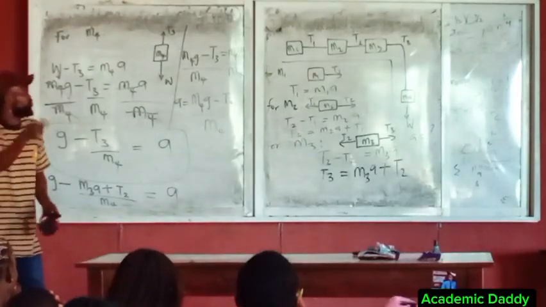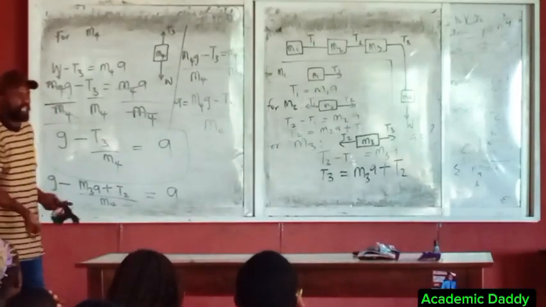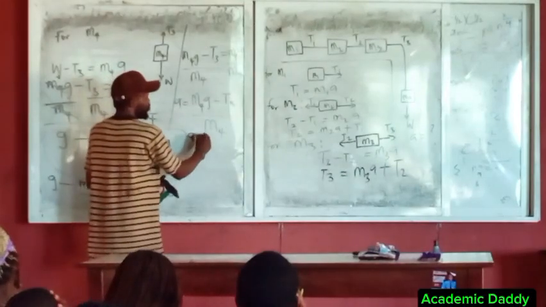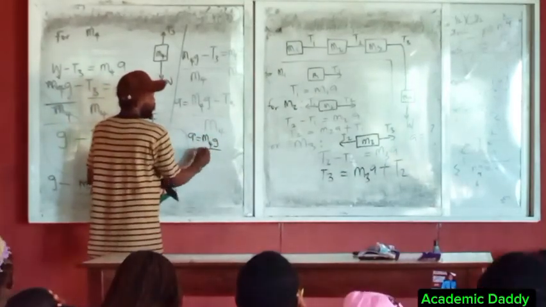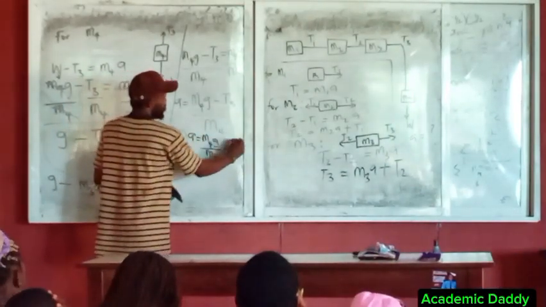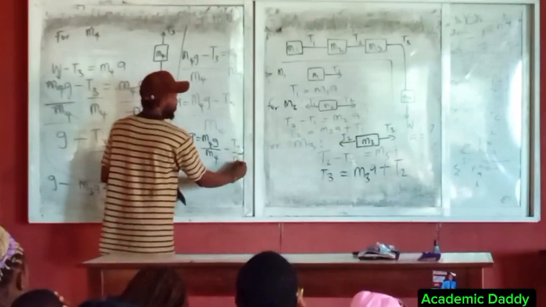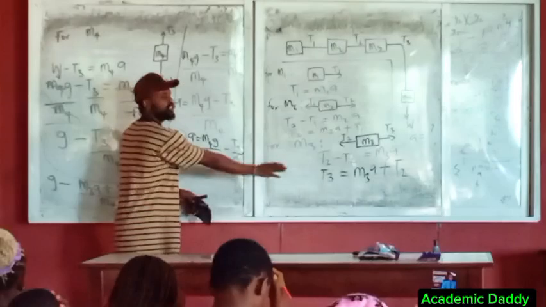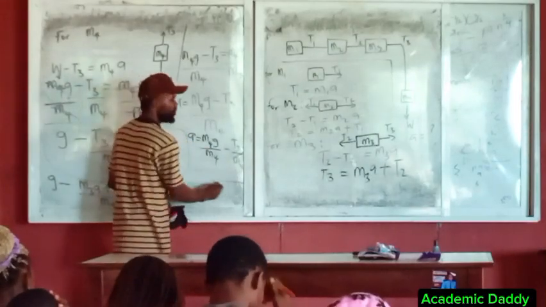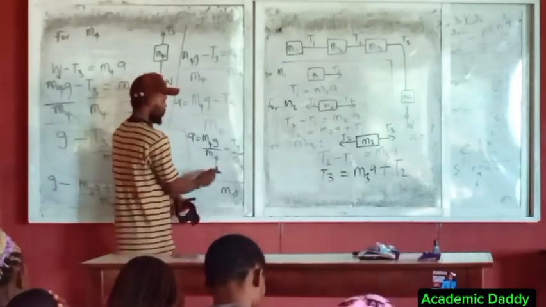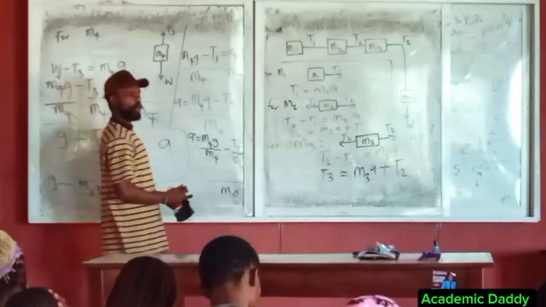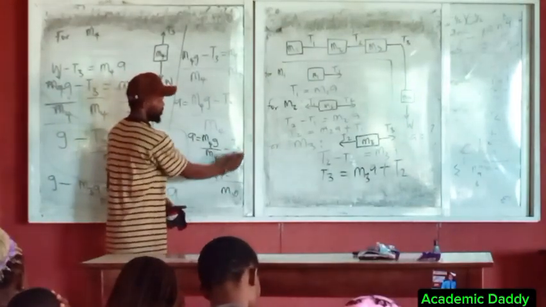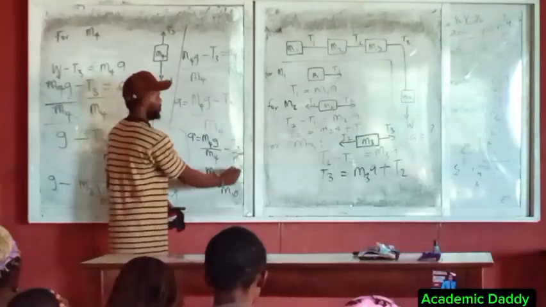But if I really want to show that I'm trying to solve to get an answer, I'll say that a equals m4g over m4 minus T3 over m4. Because if I ask you what is the LCM here, the term is m4. m4 divided by m4 is 1, times this, m4g minus, divided by m4, 1, minus T3.